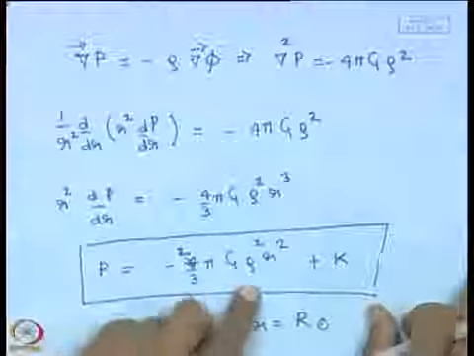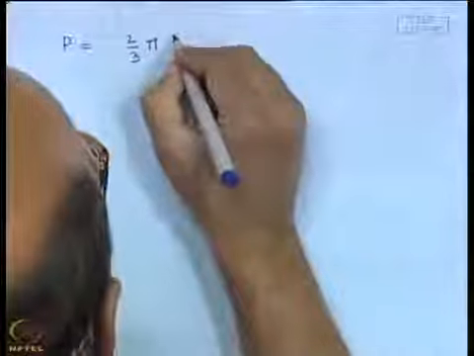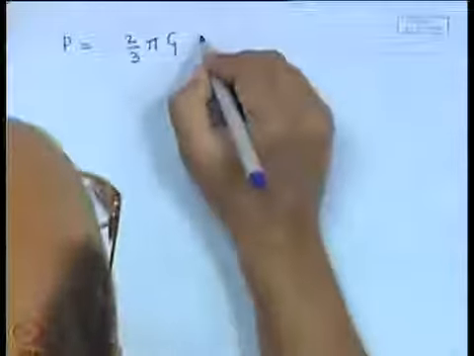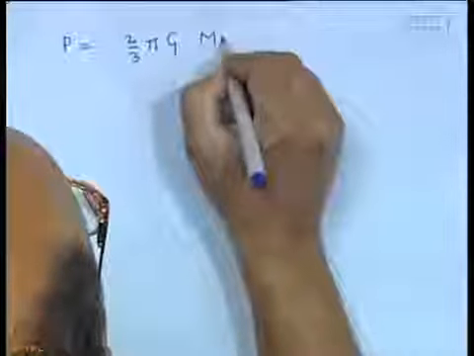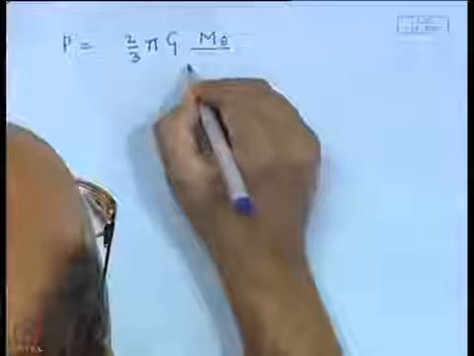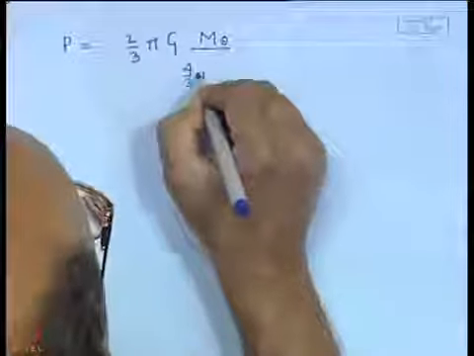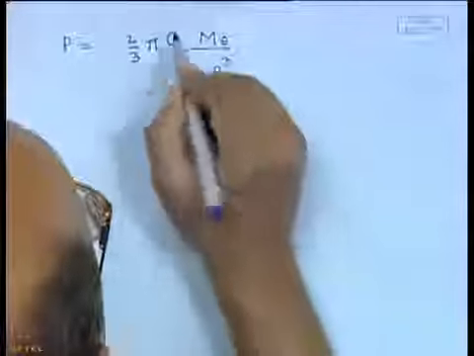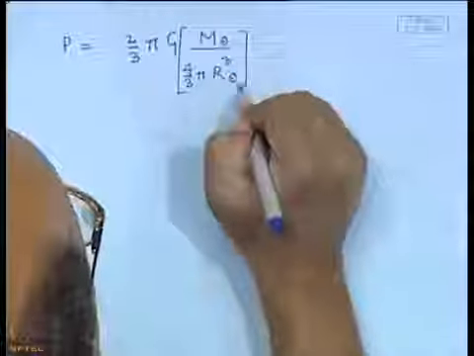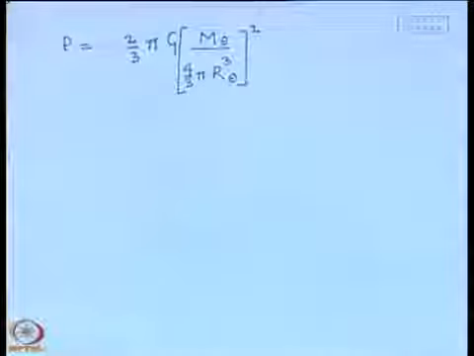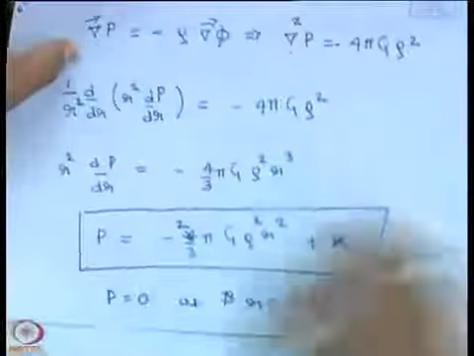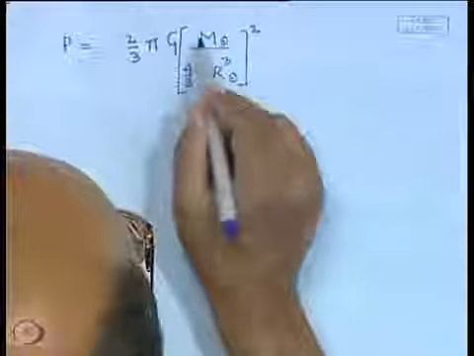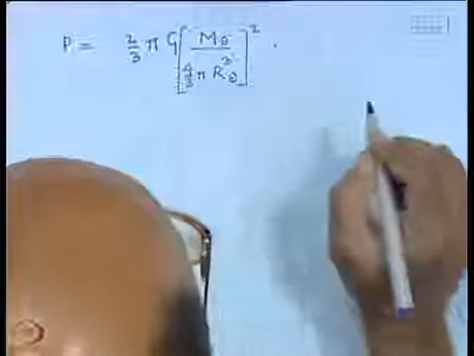So, this then can be written as 2/3 pi G M sun by 4/3 pi r sun cube, that is the density, the square of this. So, we have 2/3 pi G rho squared, and then we impose the boundary condition and we have a term.